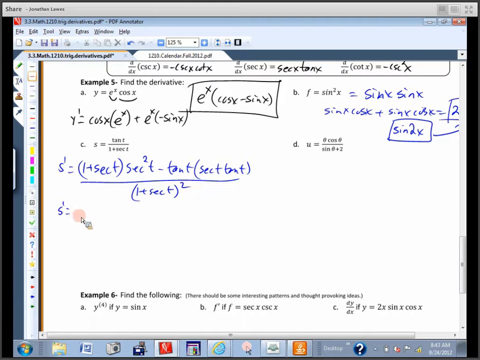Let's do a little bit of simplification on this one. So I get a secant squared plus a secant cubed minus a tangent squared secant all over 1 plus secant squared. Questions there? Now, it would have been nice if we saw this from the beginning.